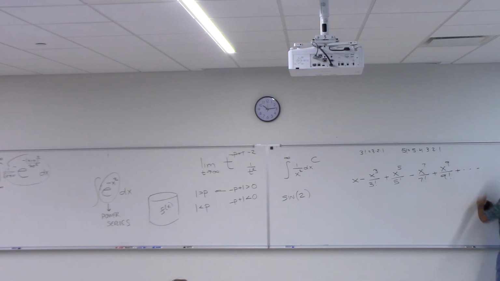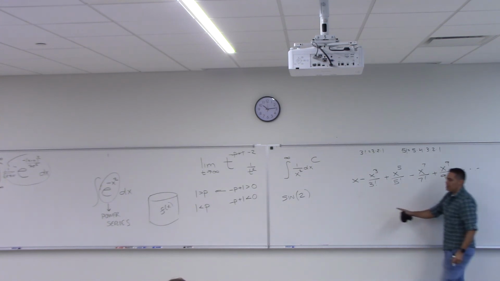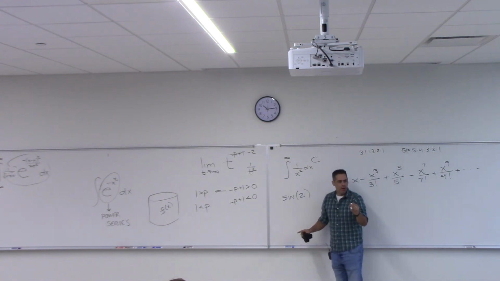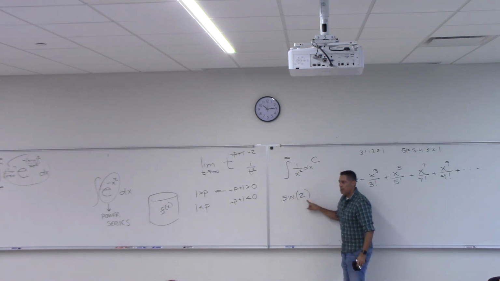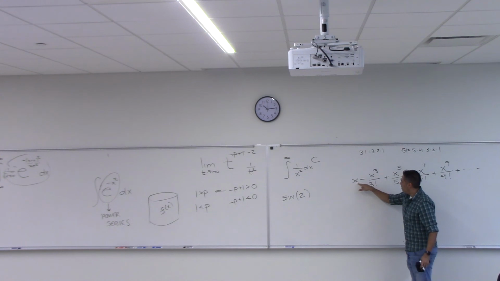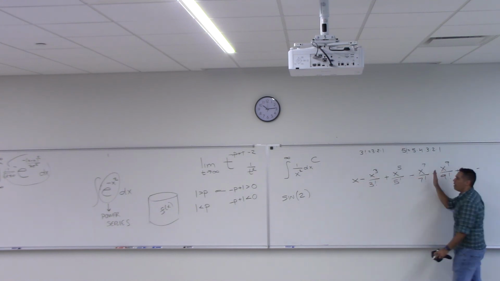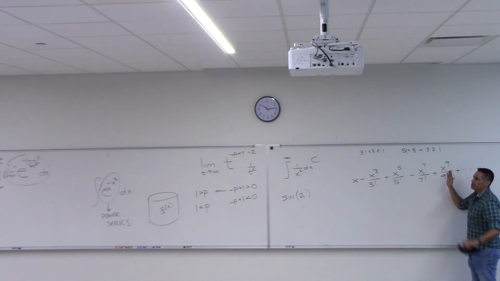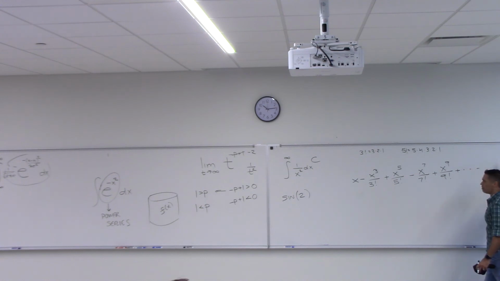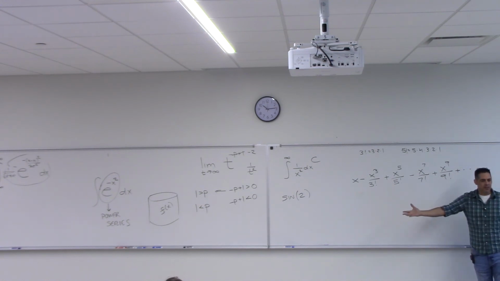This keeps going forever. So when you type into your calculator, if you're in radian mode, sine of 2, your calculator plugs in a 2 here, here, here, here, and whoever programmed it probably told it to go out like maybe 30 of these and then stop. And then it returns that answer to you.